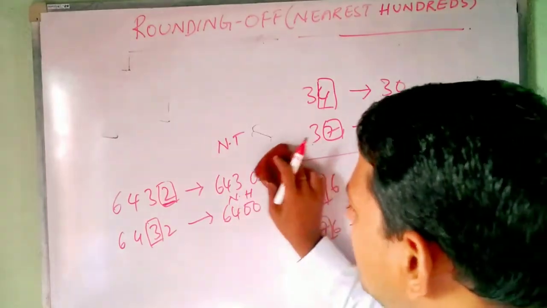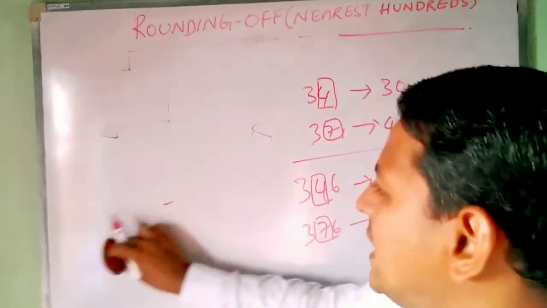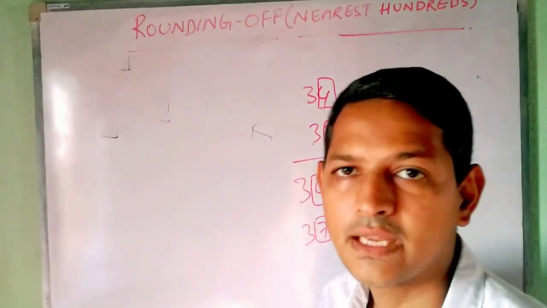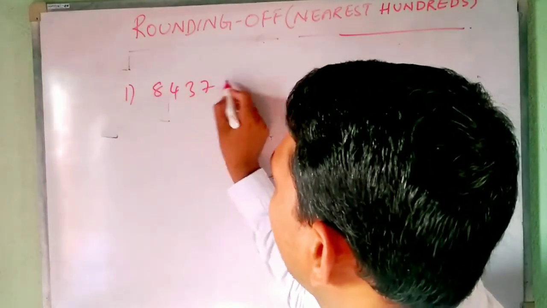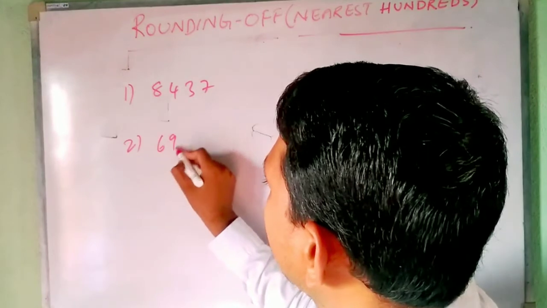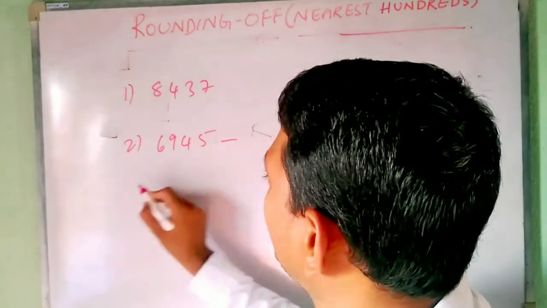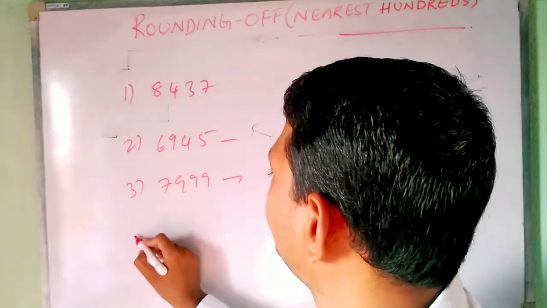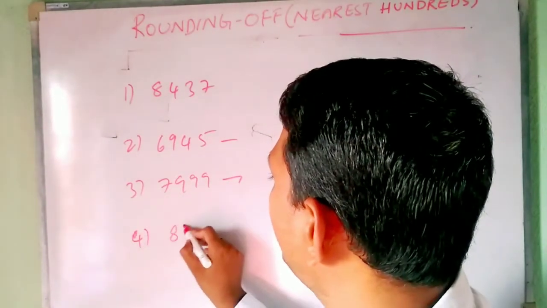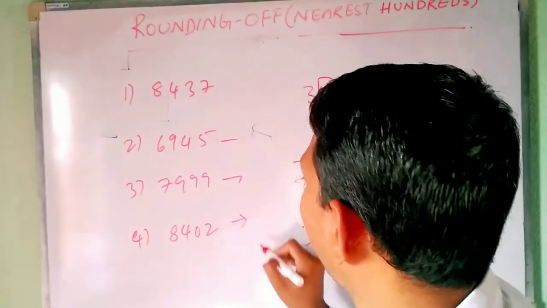Now I am going to solve 4 more examples for nearest 100, like 8437, 6945, 7999, 8402.